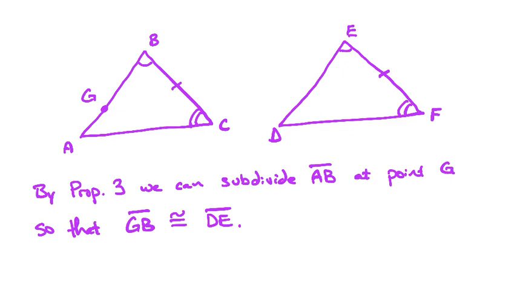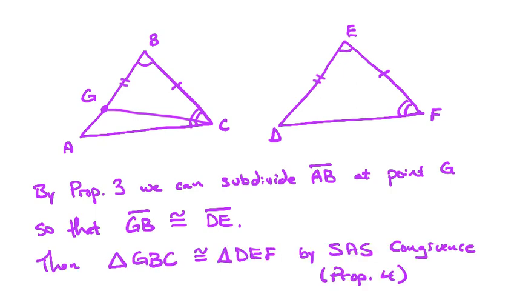And so now, if we draw our line segment GC, what we then have is that our line segment GB is congruent to our line segment DE, and our triangles GBC and DEF will be congruent by side angle side. And that was our proposition number 4.